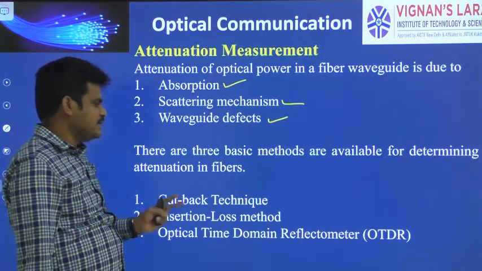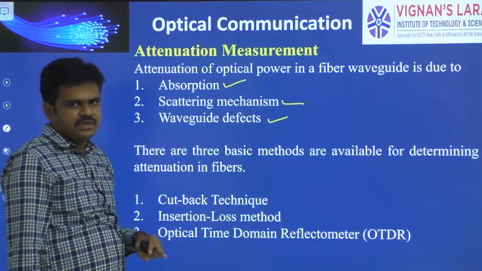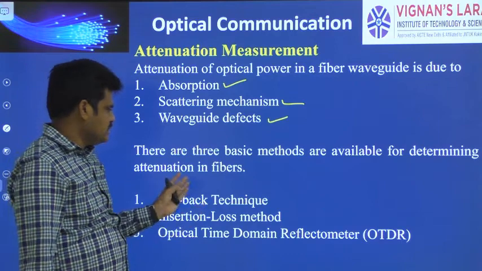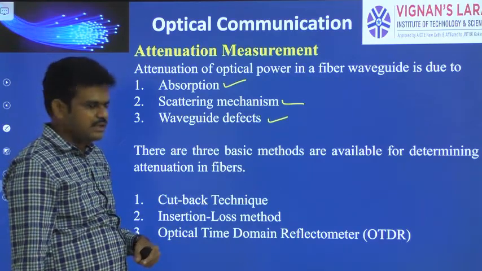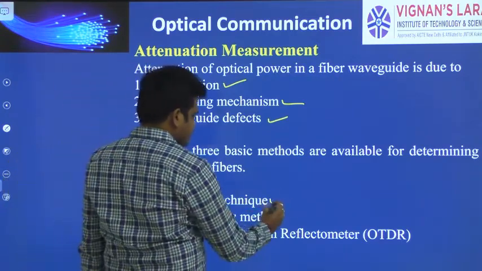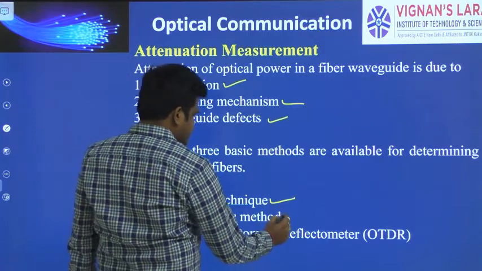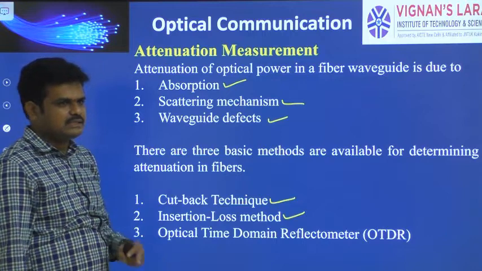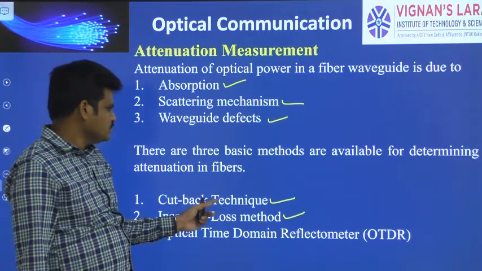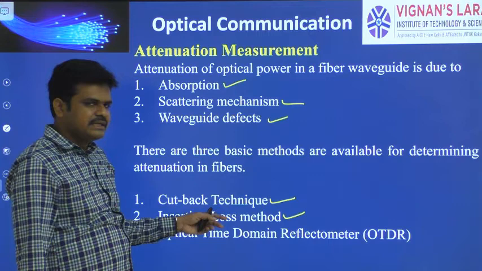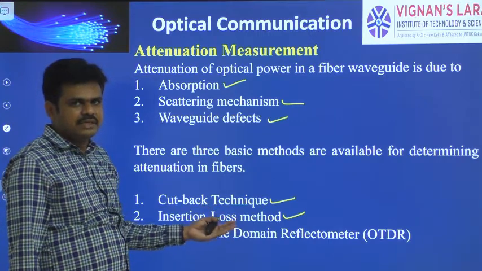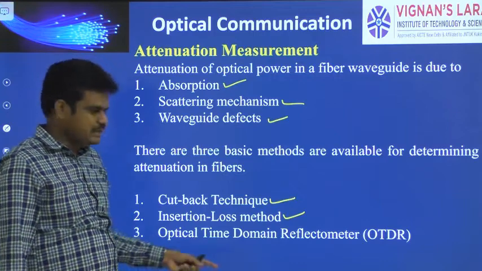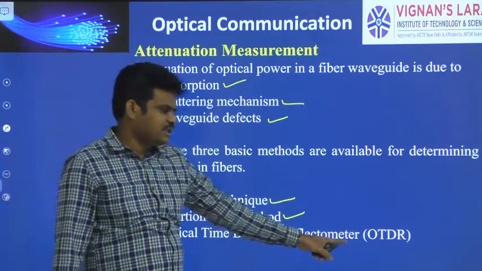There are two methods to determine or measure the attenuation in the optical fiber. The first one is the cutback technique, the second one is the insertion loss method. The third one is actually an instrument, the optical time domain reflectometer, in short OTDR.